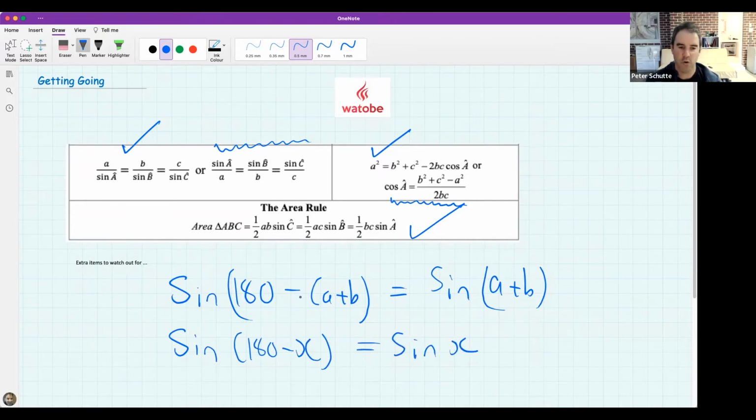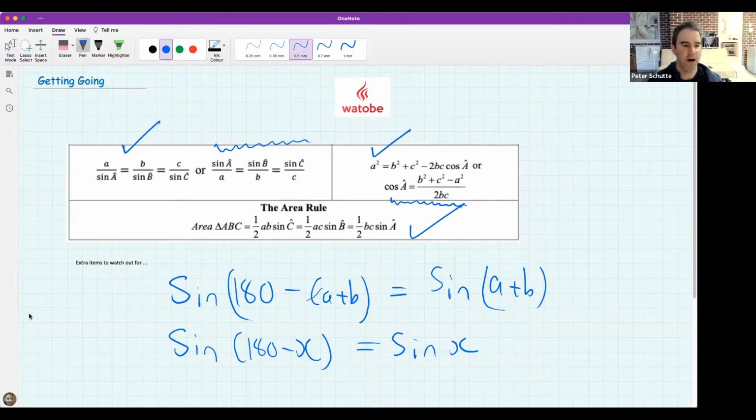And so I just want to get a sense from the class. Give me a thumbs up if you've seen this reduction formula before. Give me a thumbs down if you've never seen it before. Because as we start to mix the questions together, it's important you have a little bit of a sense of that going on.